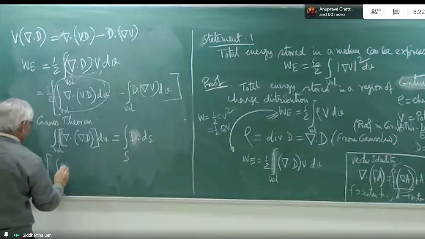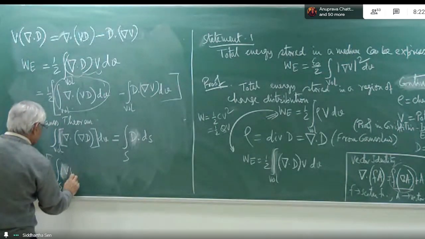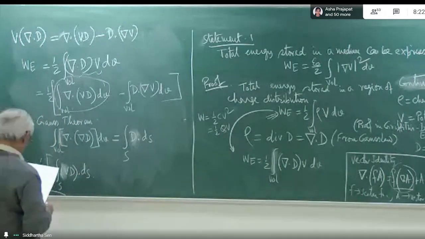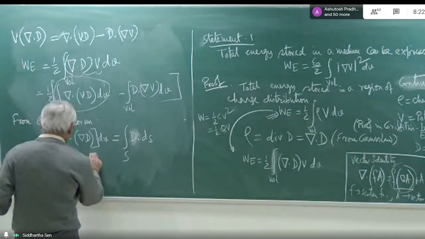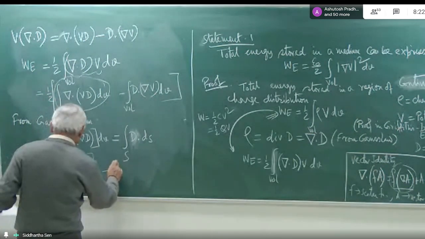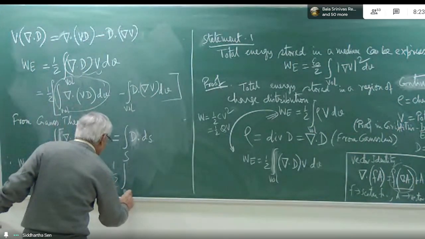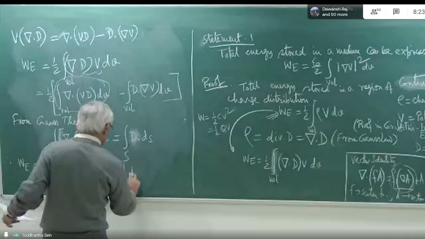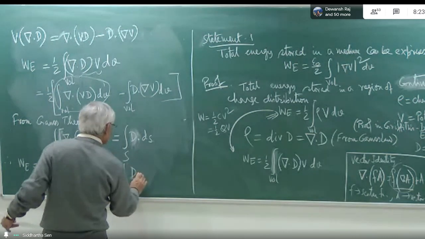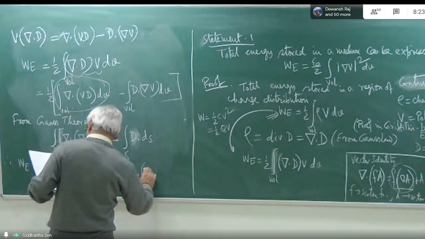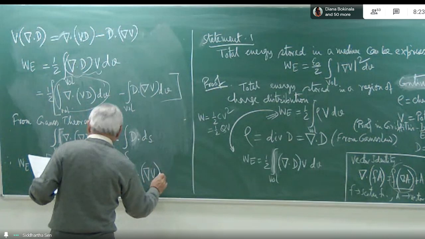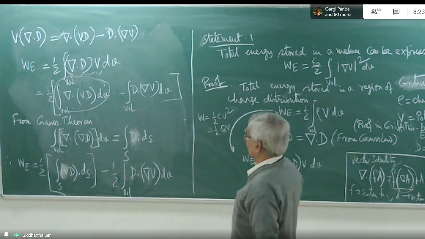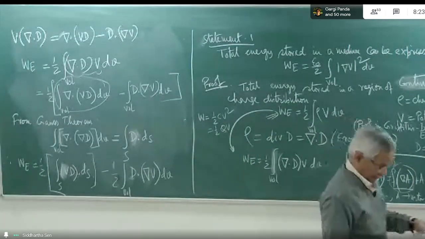So it is the surface integral of V D dot dS, minus half of the volume integral of, that remains the same, D dot nabla V dV. Please check whether you are satisfied with it or not.